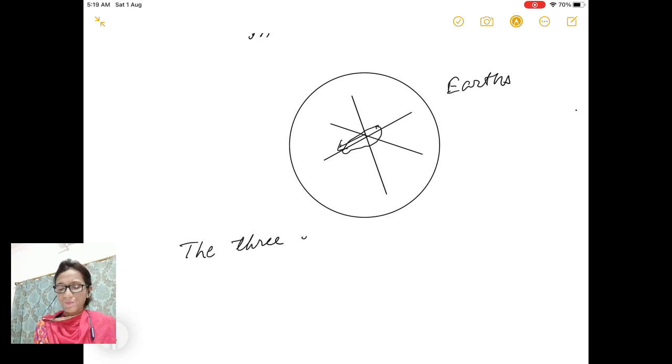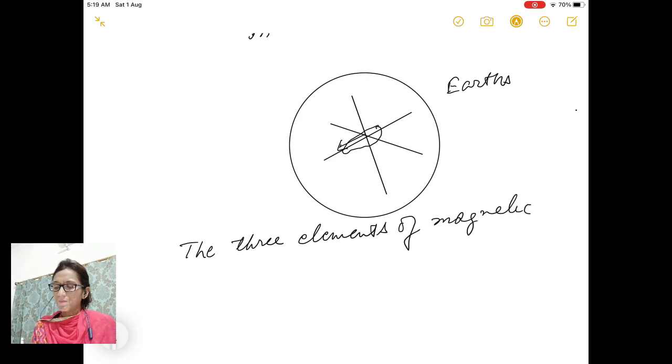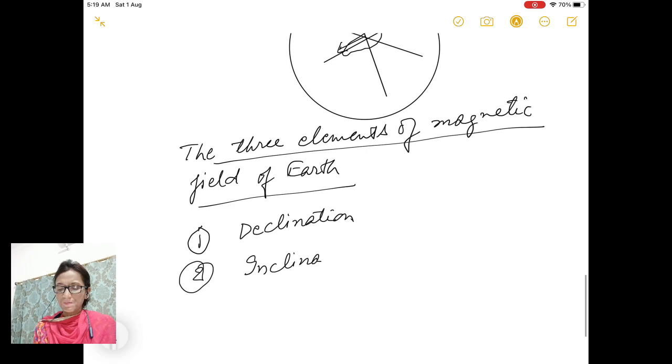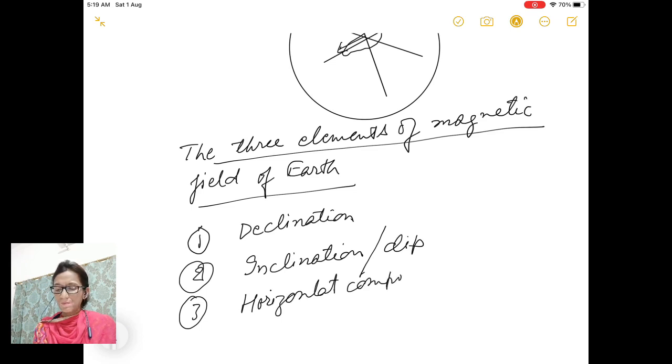The three elements of Earth's magnetism: the first is called declination, the second element is your inclination, also known as dip, and the third element of Earth's magnetism is the horizontal component of Earth's magnetism.